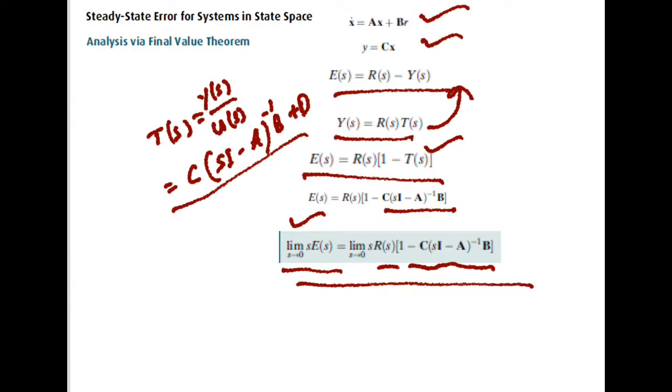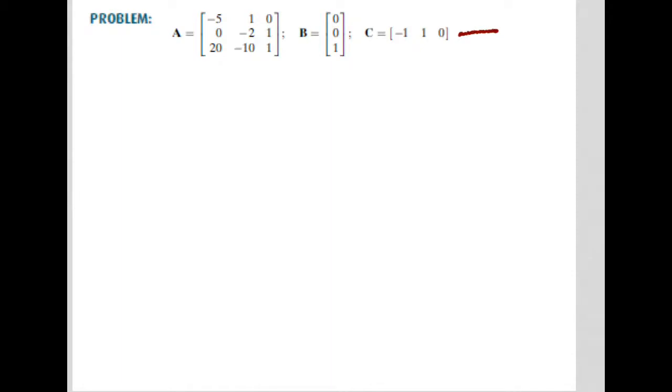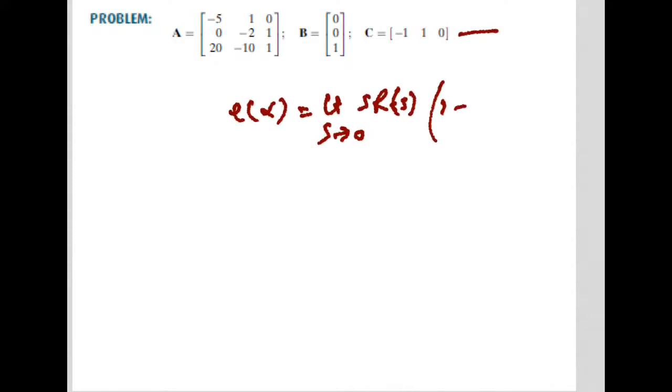We have to do it for the unit step input and unit ramp input, and finally we get e(infinity) equals limit of s tends to 0 of sR(s) into 1 minus (s plus 4) divided by (s cube plus 6s square plus 13s plus 20).